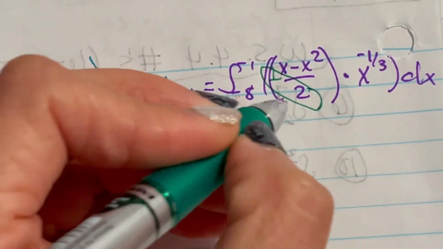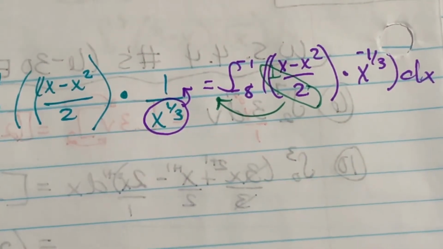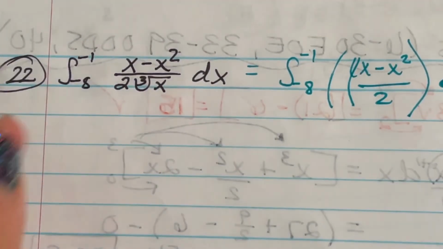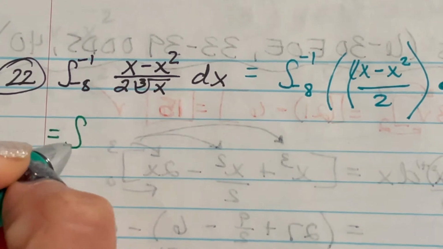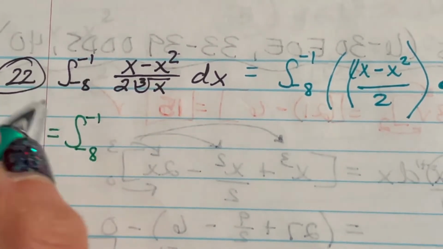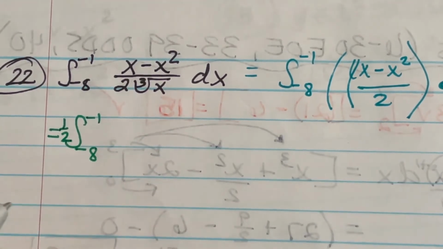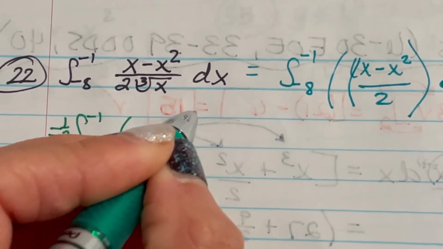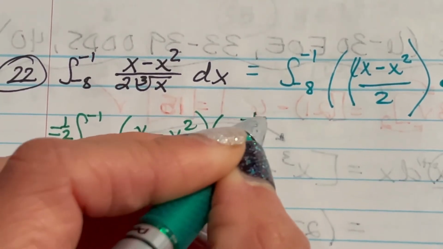So let's bring that constant out in front of the integral. And let me write it a little bit bigger too, because it looks really sloppy that small. So I'm gonna put it over here. So this is the integral. I still have not integrated it yet, from -8 to -1. Oh, I forgot to put the 1/2 out front. 1/2, and then we have x minus x squared times x to the -1/3.